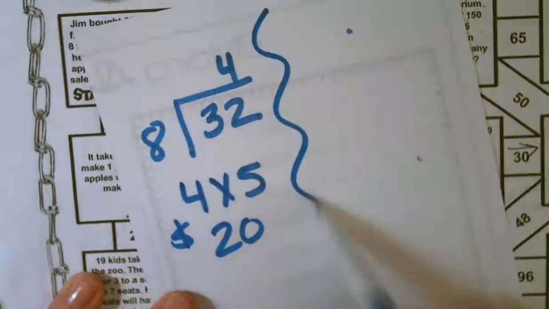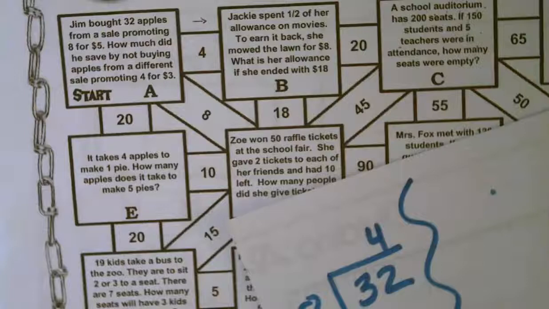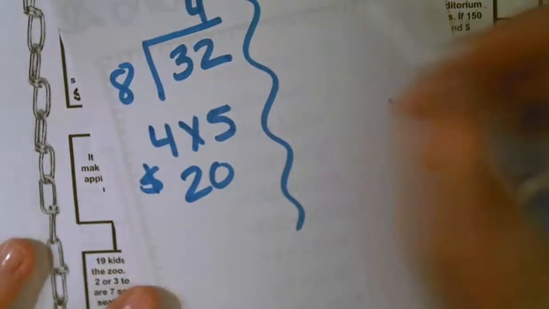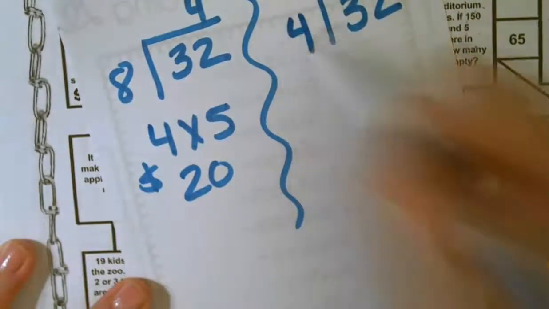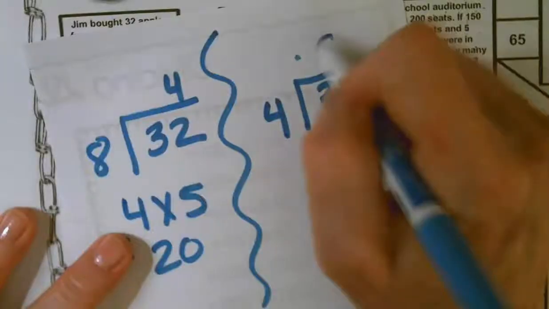All right, in that second promotion that they're talking about, that it advertised, let's see, 4 for $3. All right, so if he needed the 32 apples, what would that look like? Well, 32 divided by 4, put them into groups of 4, and that's going to equal 8.